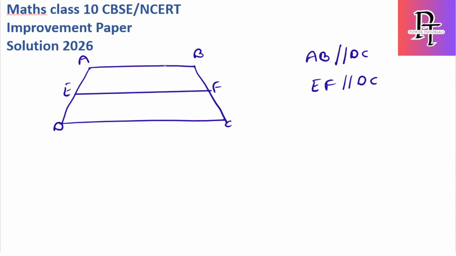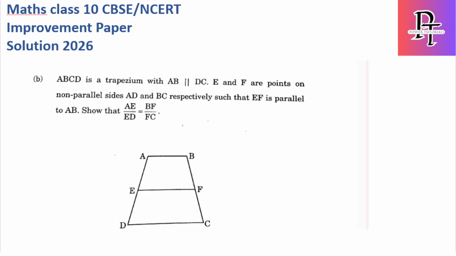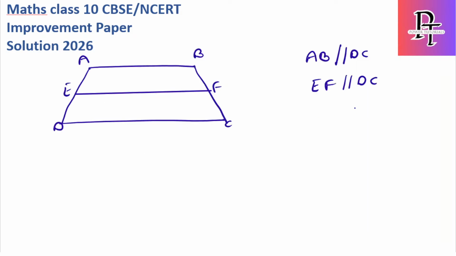So similarly all three lines are parallel. The next condition, we have to prove that AE by ED is equal to BF by FC. So this we have to prove.